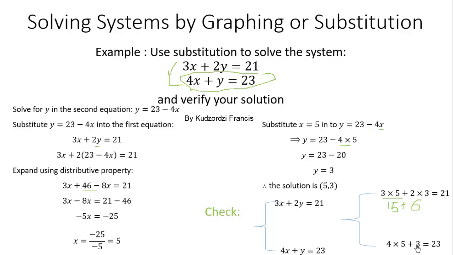Now we need to check for the second. 4 times 5 will give you 20. Now 20 plus 3 will be equal to 23. Therefore, the correct answer is indeed 5, 3. Or 5, 3 is indeed a solution to the given system.